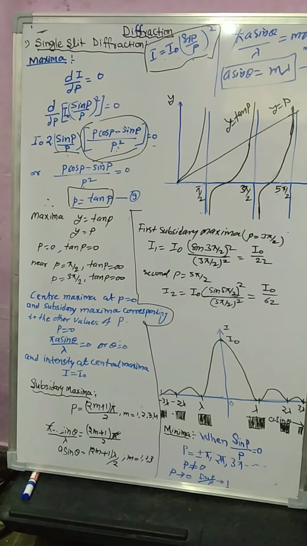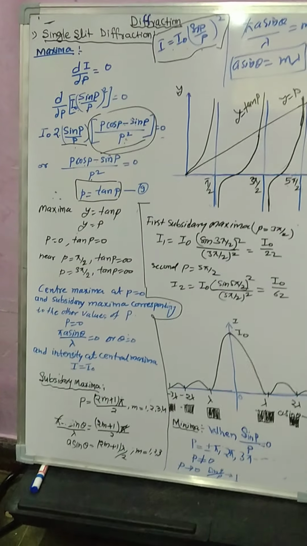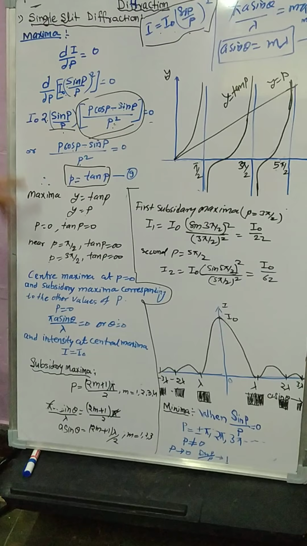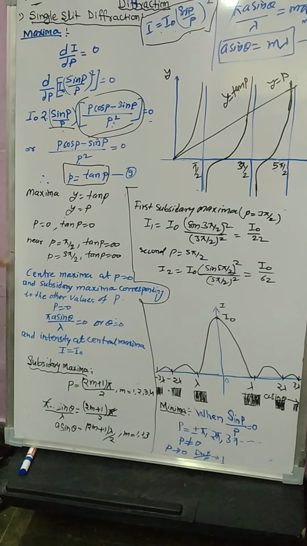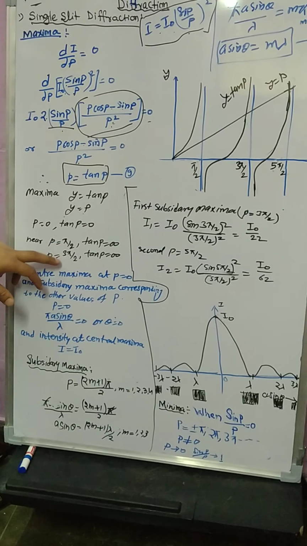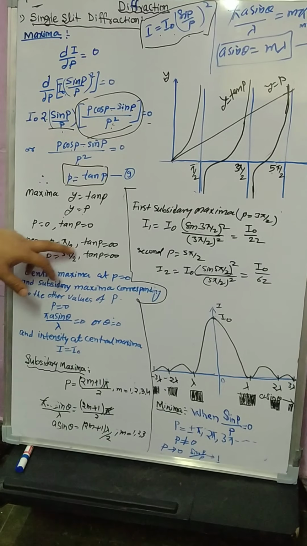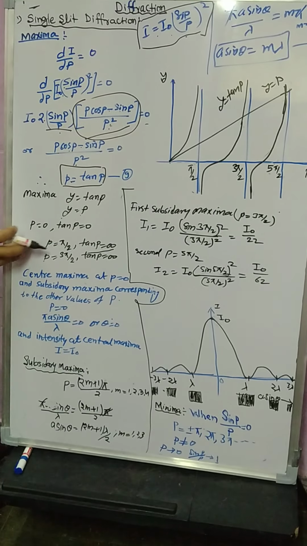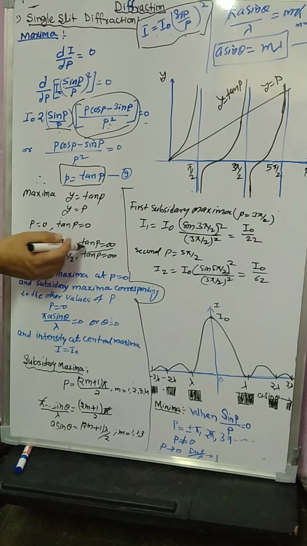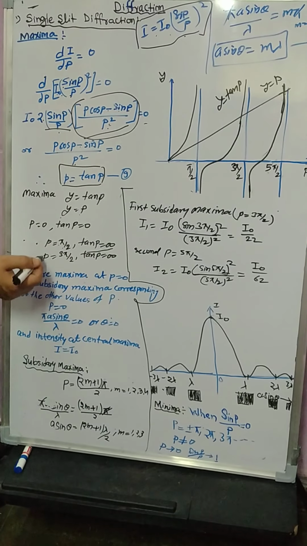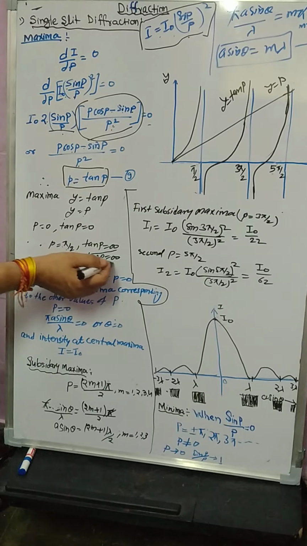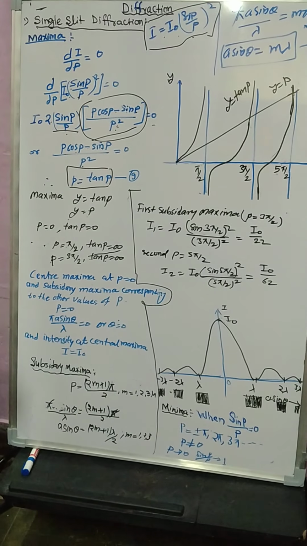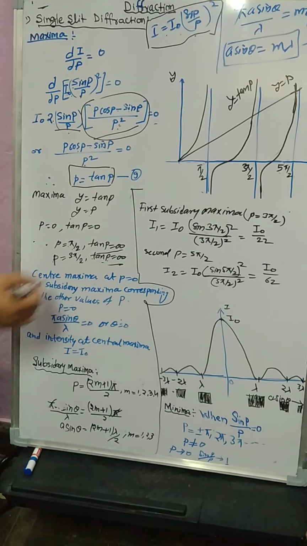At p equal to 0, tan p equals 0, the condition of central maxima. Near pi by 2, 3 pi by 2, p tends to infinity: at p equal to pi by 2, tan p tends to infinity, at 3 pi by 2 tan p is infinity, similarly 5 pi by 2, 7 pi by 2, tan p tends to infinity.